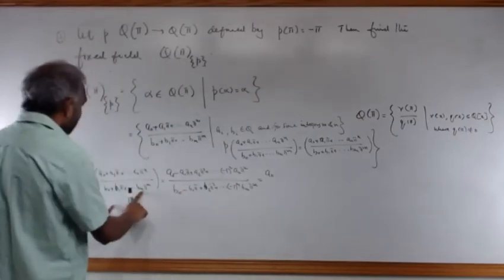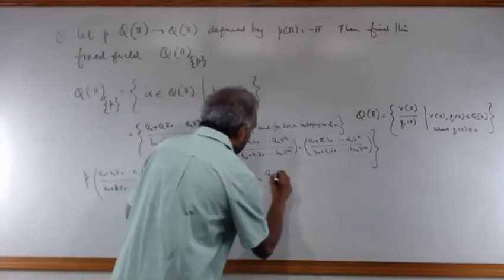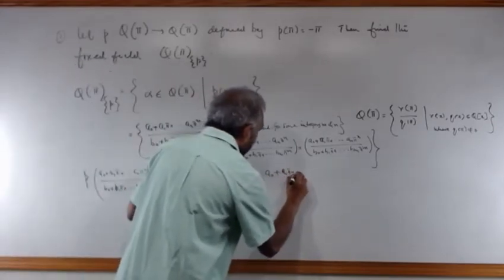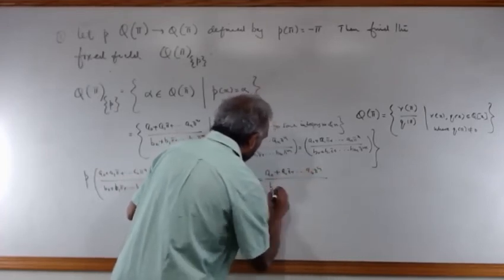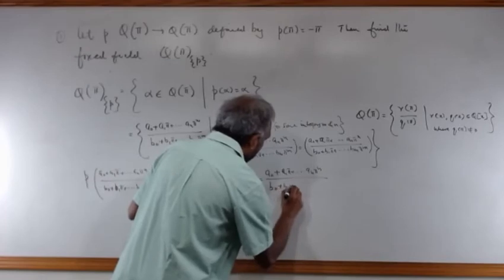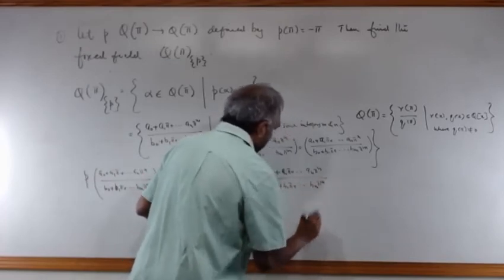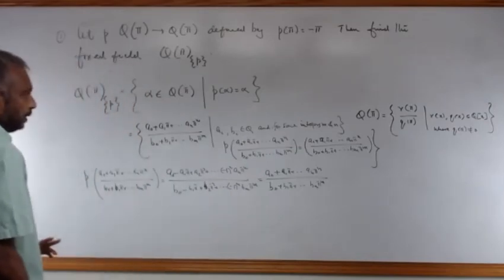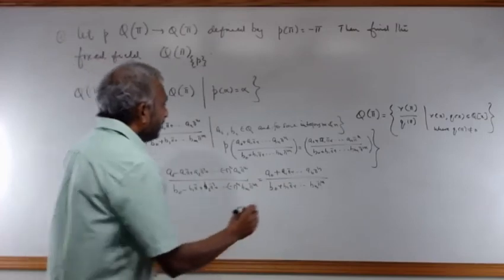In order for this element to be here, this has to be equal to a0 plus a1 pi plus dash dash an pi to the power of n divided by b0 plus b1 pi plus dash dash bm pi to the power of m. And this implies what?